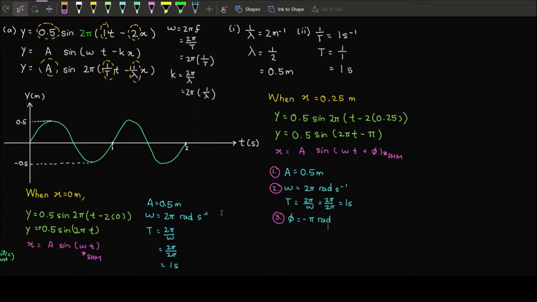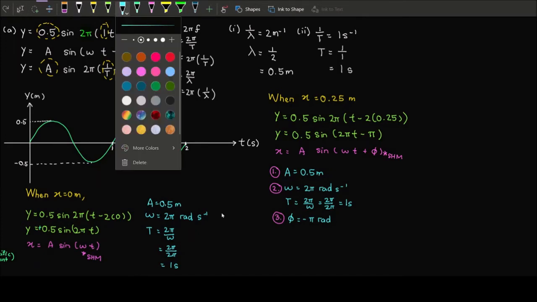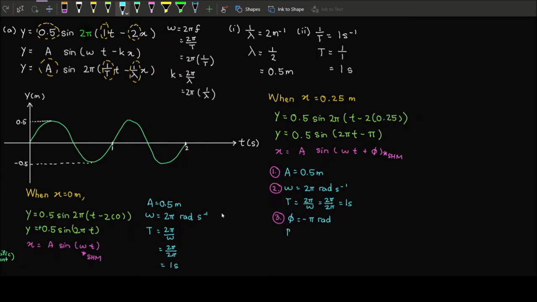If phi is negative pi, what do I do with this phi? I'll calculate something called the phase shift, P.S. Phase shift can be calculated using negative phi over omega. Basically, it's negative what's behind divided by what's in front.